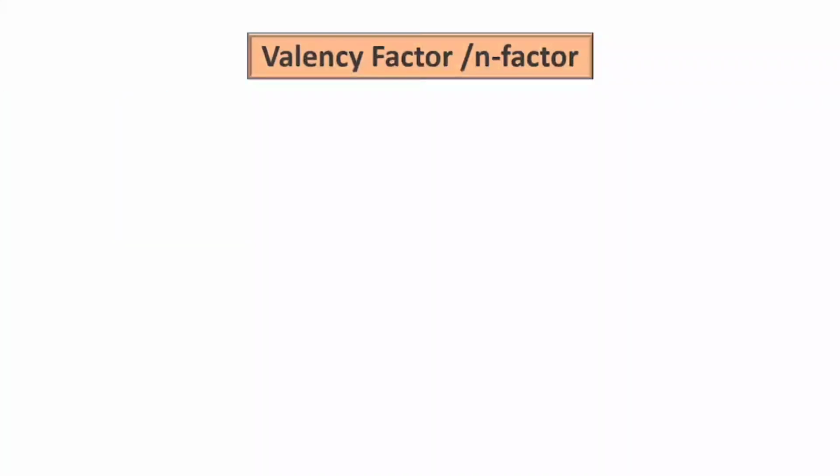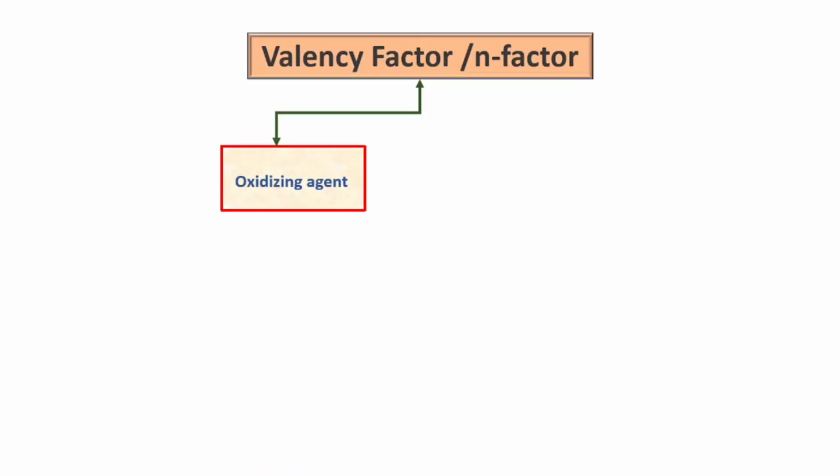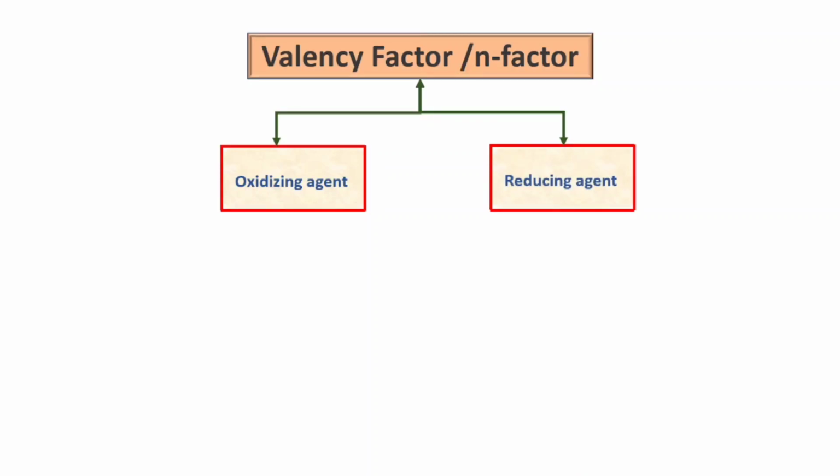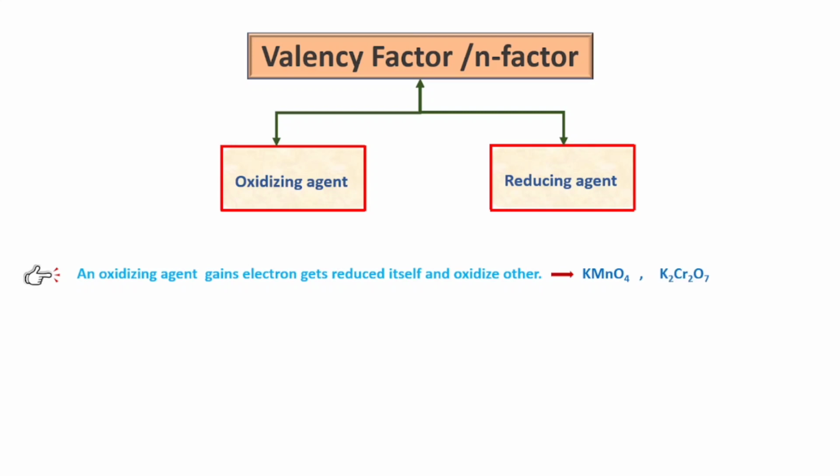Next, how to find the N factor of an oxidizing agent or a reducing agent. An oxidizing agent gains electrons to get reduced itself and oxidize others. For example, potassium permanganate and potassium dichromate.